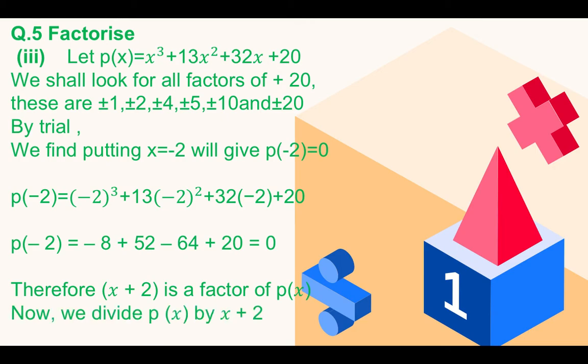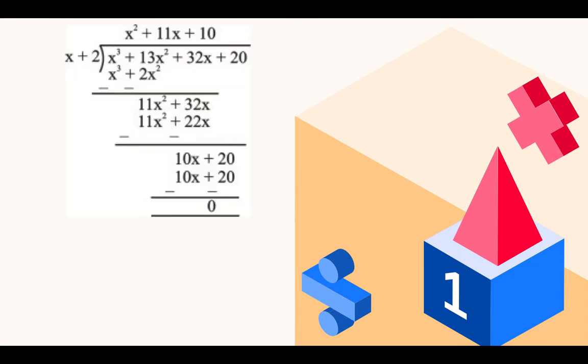Now we divide the polynomial by the divisor. This is how the division will look. If you don't remember polynomial division, you can go back to previous videos. So what I am getting over here as the quotient is the quadratic equation. When the divisor is multiplied by the quotient, I get the given polynomial, and the remainder will be 0 as we know that this is a factor.